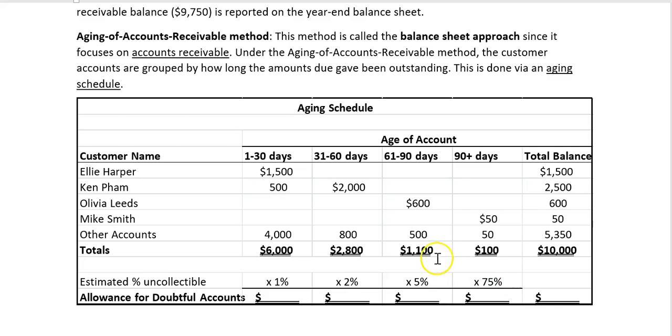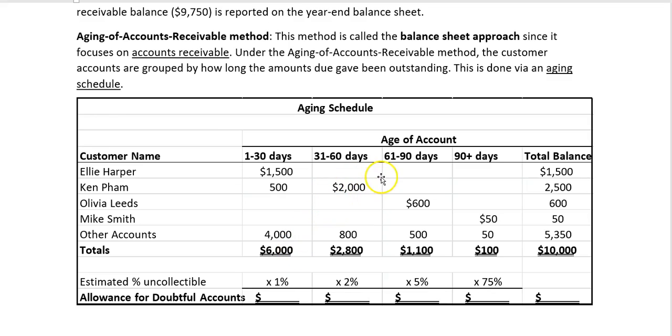The good news is as we get to the older balances, the amounts are smaller. That's a good sign for us. So looking at the 1 to 30-day range, we have Ellie Harper. She owes us $1,500. We have Ken. He owes us 500. We have other of 4,000. So in total, $6,000 are owed.